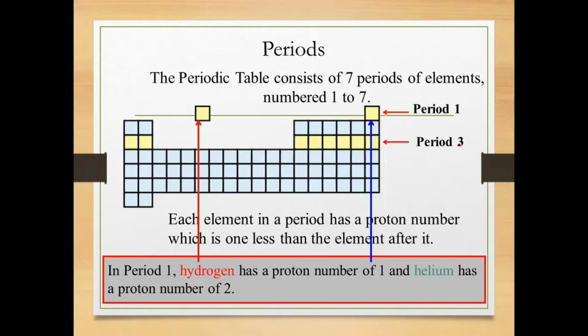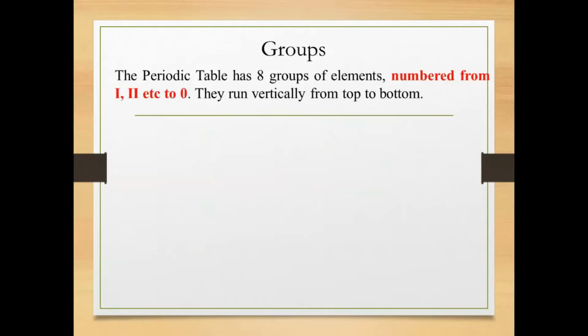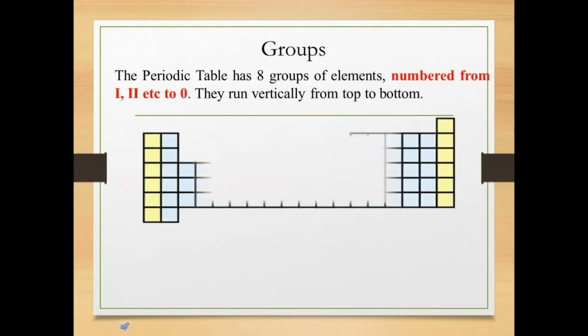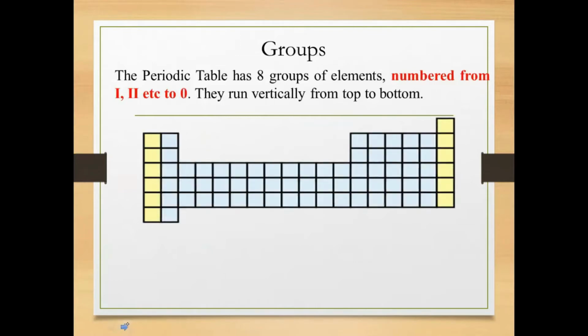If you talk about periods, you can see in the slide the first row is termed as the first period, and in the third row, the yellow elements are termed as period number 3, and so on: period number 4, 5, 6, and 7. We have 7 periods in the periodic table. Then groups. We have 8 groups in the periodic table.